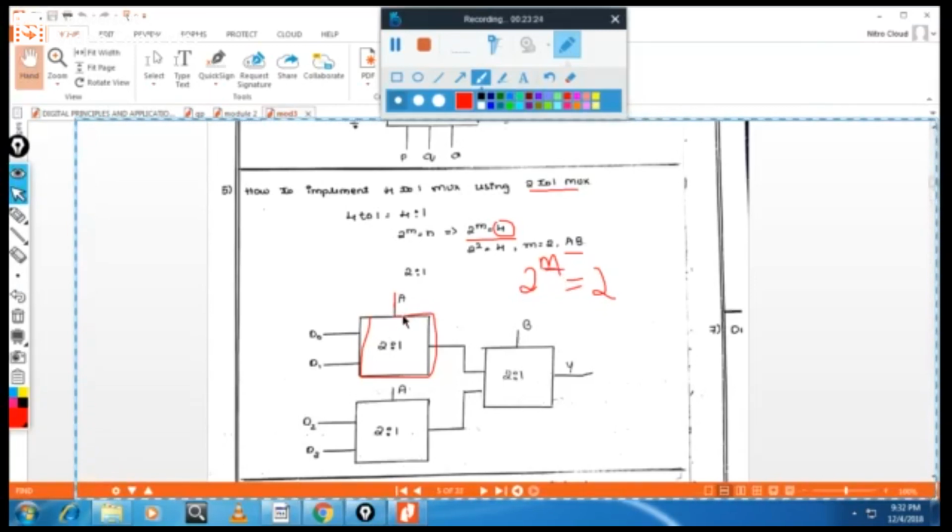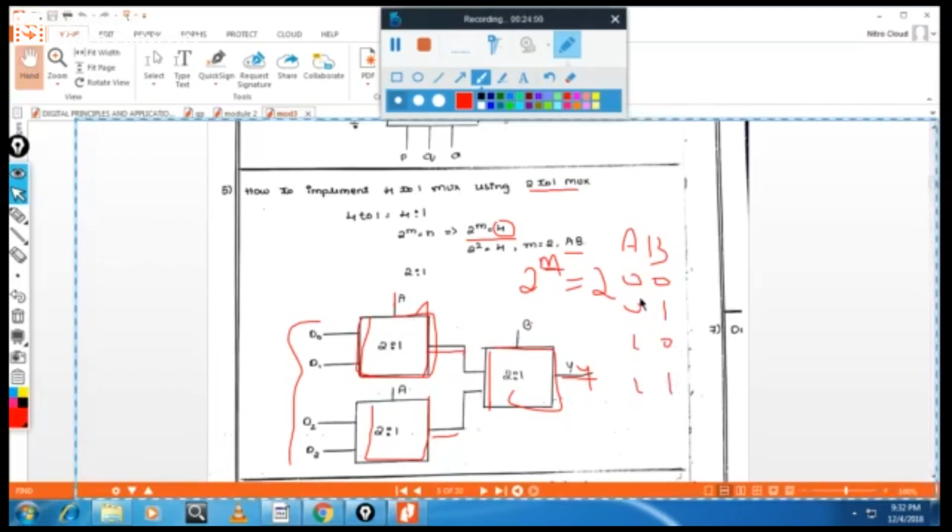So what I will do, I will use two 2:1 multiplexers here. This is D0, D1, D2, D3. So total 4 inputs. Now the output we are getting, you have to connect it to one more 2:1 that has control line B. The final output is Y. So you can see here A and B, that is 0 0, 0 1, 1 0, 1 1.